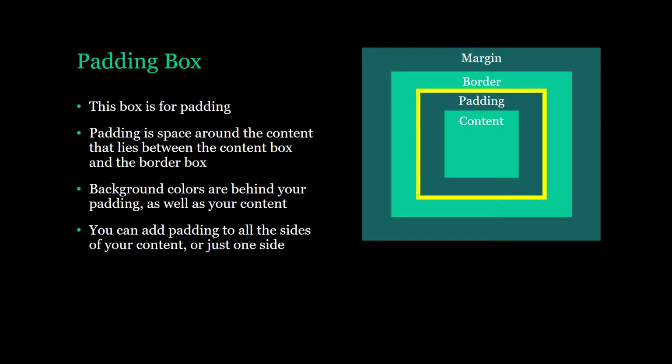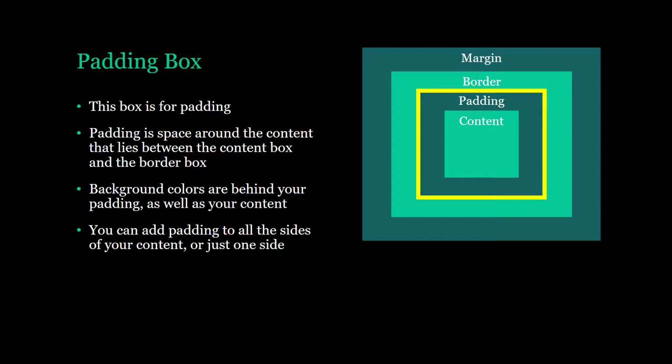The second box, like I explained earlier, is for padding. It's the space around the content that lies between the content box and the border box. So your border will be around whatever content plus padding that you have for that element. Background colors typically will also be behind your padding as well as your content. So if you apply a background color to an element, then that applies to the padding as well.